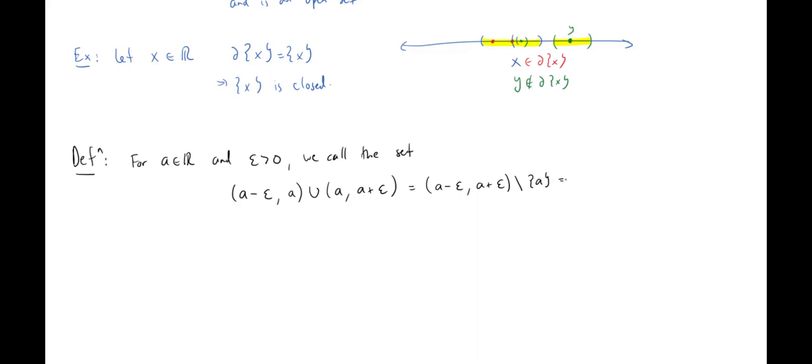Or if I really want to shorten this up, I'll write (a minus epsilon, a plus epsilon) minus {a}, but that'll mean the same thing. We're just going to take the a coin of radius epsilon and remove the a in the middle. And we're going to call this set the punctured a coin of radius epsilon.